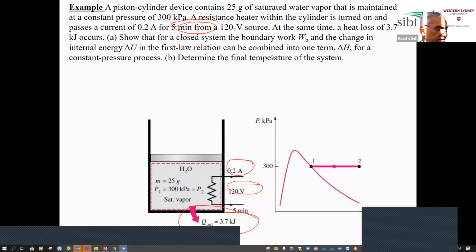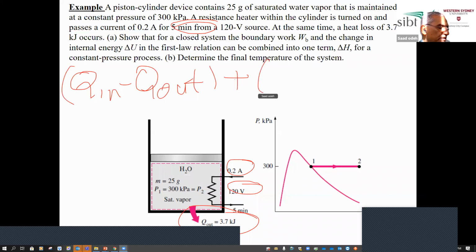So in energy balance, we remember we said we should add all the values we have: Q in minus Q out, and then also plus W in minus W out.